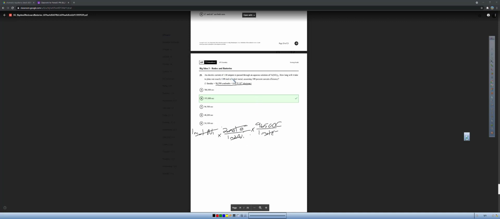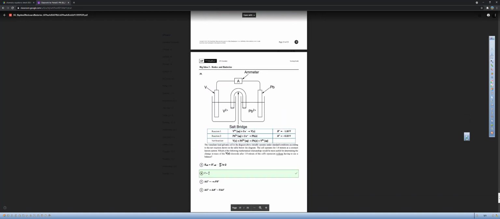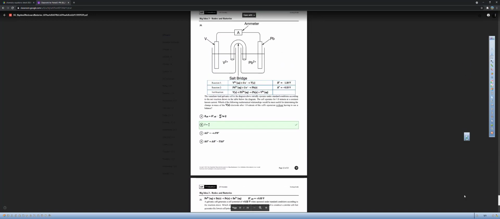And 1 amp is 1 coulomb per second. And I'll just flip that upside down so I match up my coulomb units. This is a time question, so we're going to use I equals Q over T, just by definition.